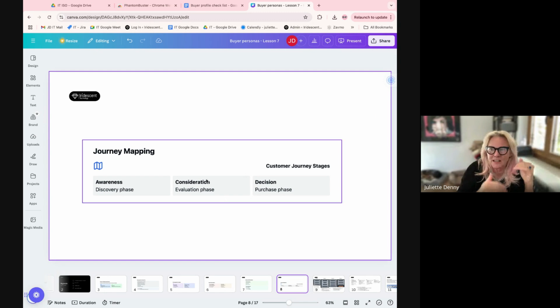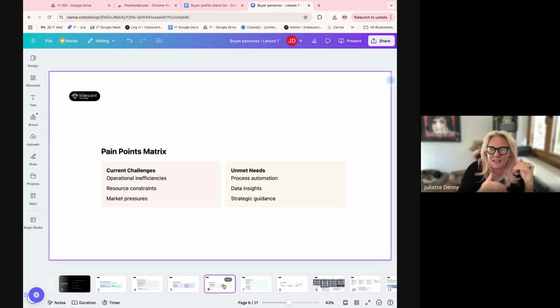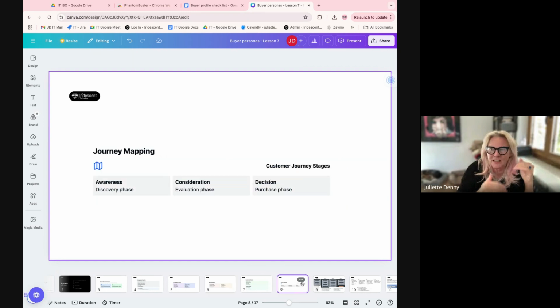Then once we get into the consideration phase, that's when we're looking at pain points. So that's where you need case studies, and specific examples of the experience. If you're in a consumer world, it might be how it feels to get the perfect set of skis, or the perfect herbal remedy, or the perfect whatever it might be. And then finally, you're going to move them on to a decision.